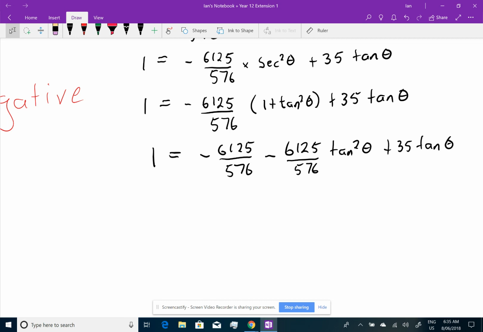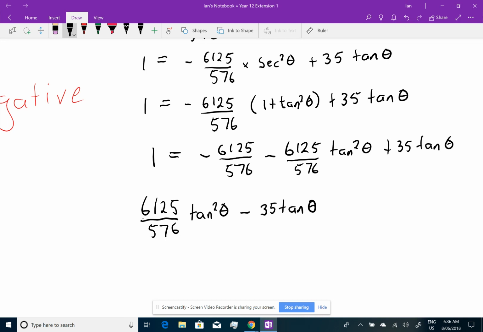So let's wrap it all up so I can get everything on one side. So I'm going to take everything over the other side. So I'm going to get 6125 on 576 tan squared theta. Taking that over, minus 35 tan theta.